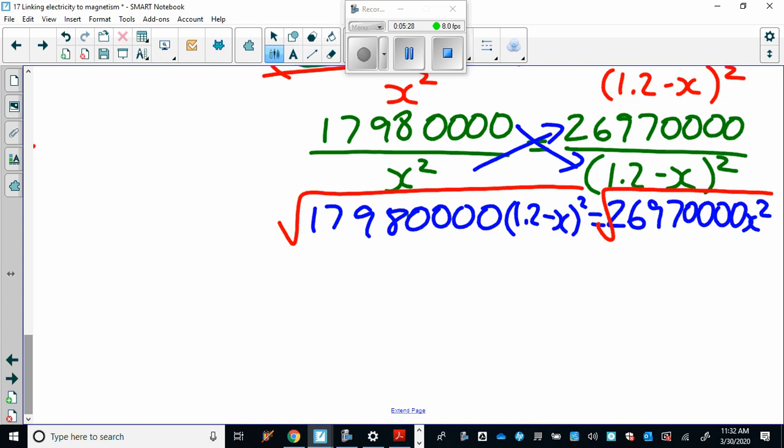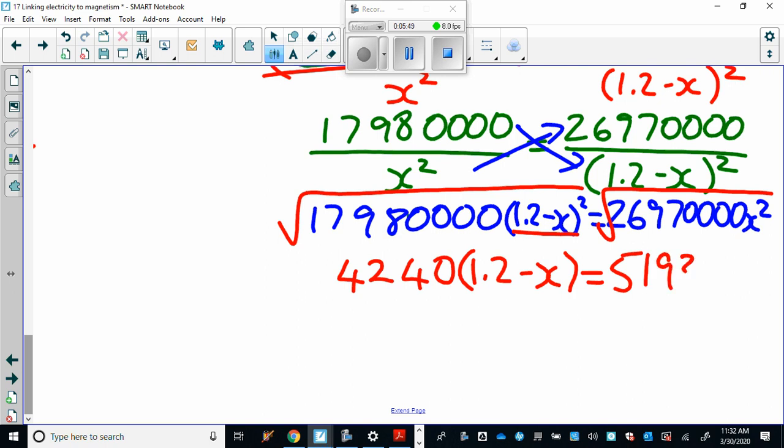The square root of this number is 4,240. And the square root of this value is simply 1.2 minus x. The square root of a square is just the number. The square root of this value turns out to be 5,193, and the square root of x squared is x. And now all of a sudden it's in a form that we can work with a little more ease.